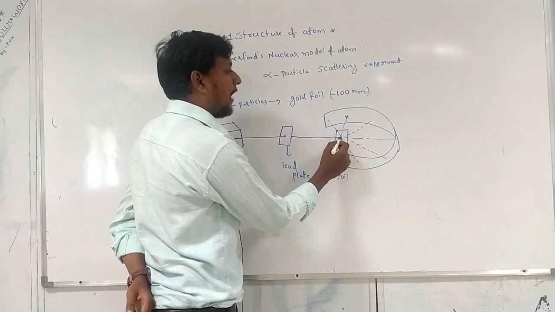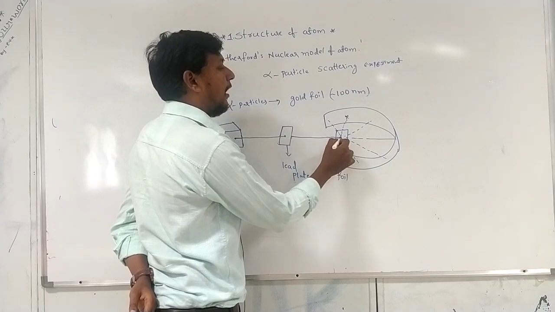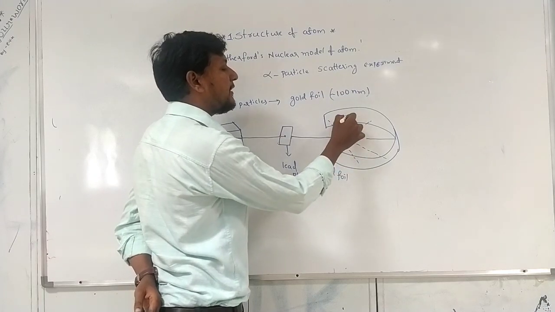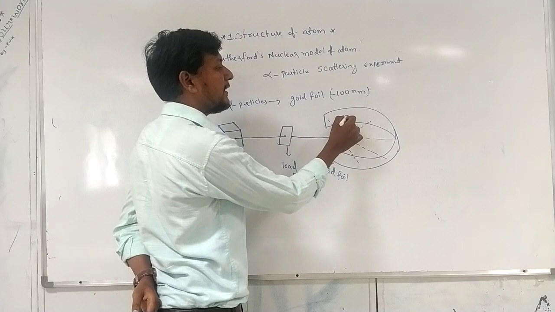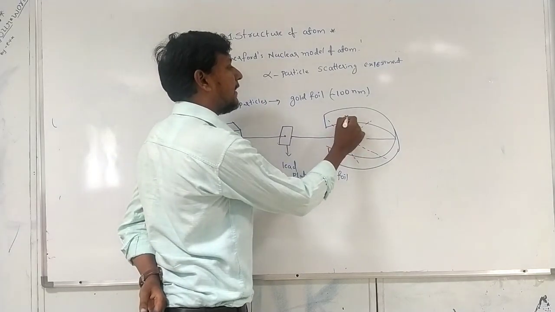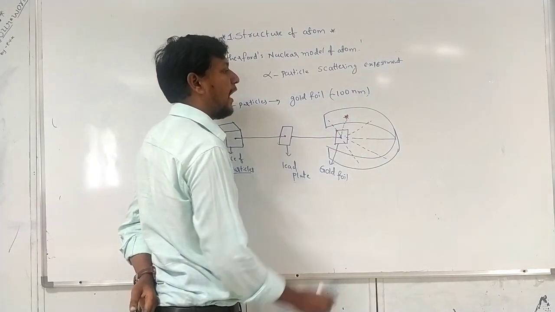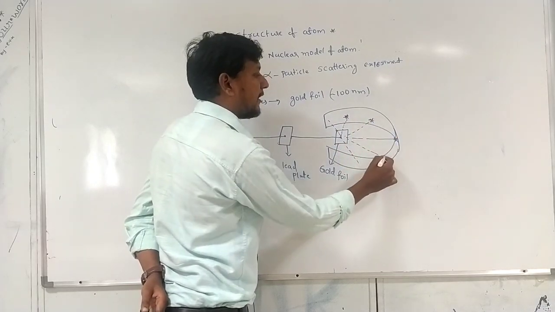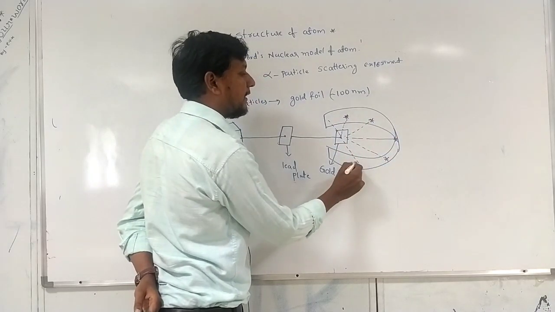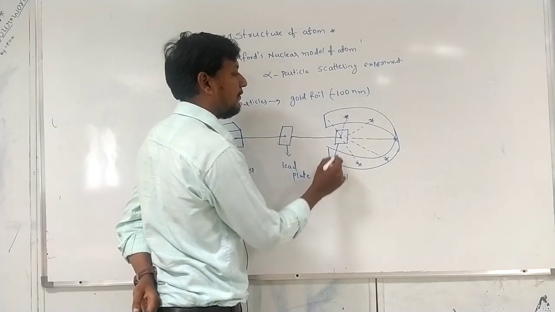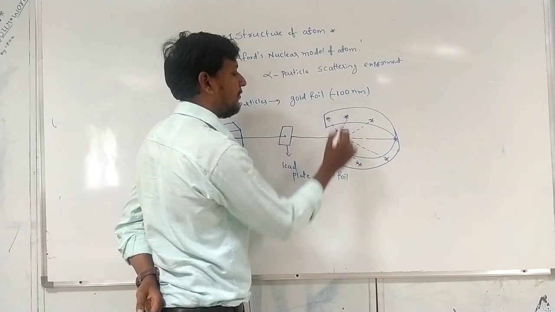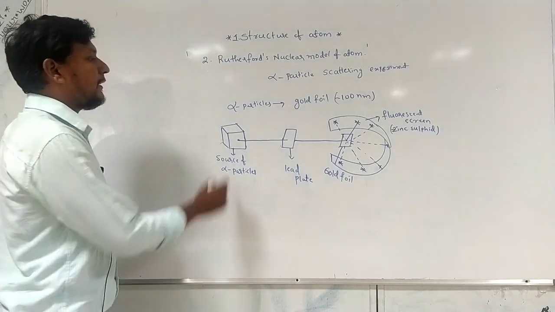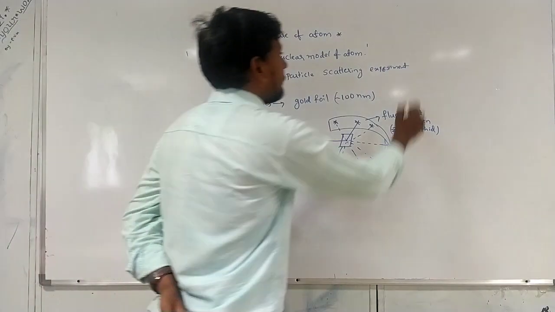Here, these alpha particles strike the fluorescent screen. At the point where they strike the fluorescent screen, we observe a tiny flash of light. This is the experiment.